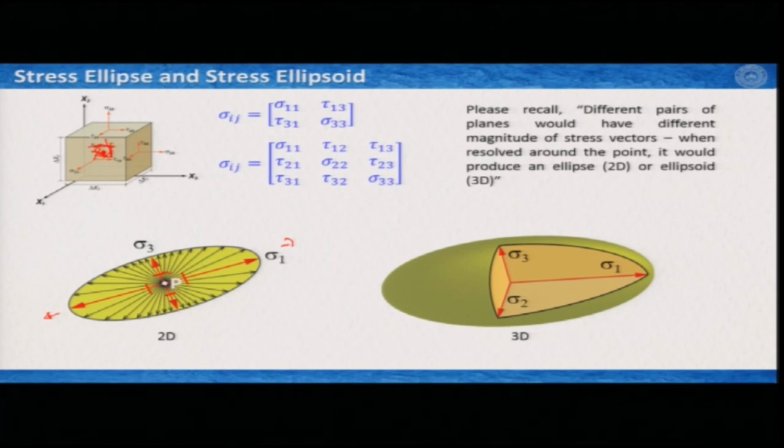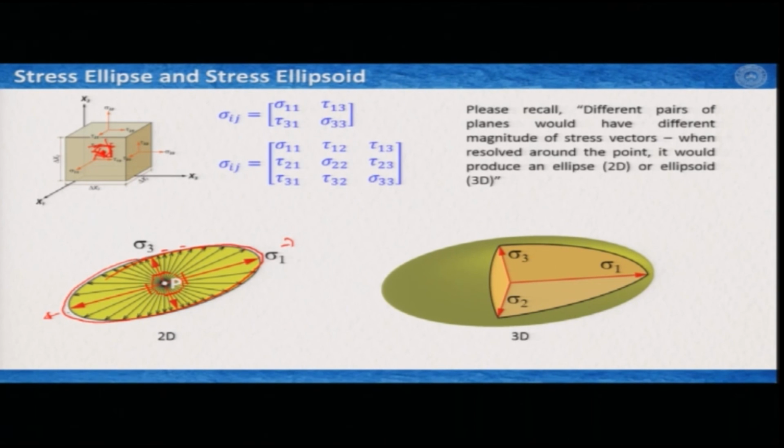Now, of course, you can have n number of planes around it, and you can draw their normal components with their respective magnitudes. So, if you connect all these points, you would certainly end up with an ellipse, and this ellipse is known as the stress ellipse when you consider it in 2 dimension.